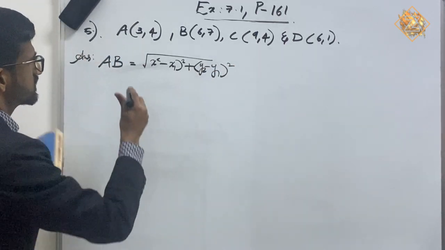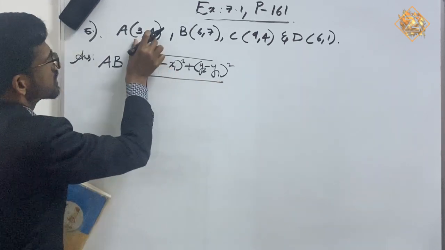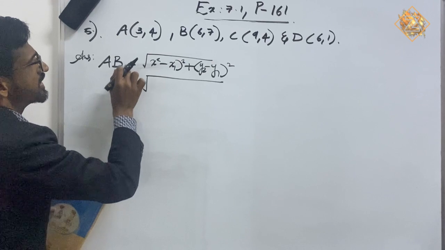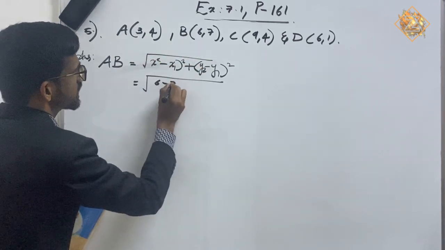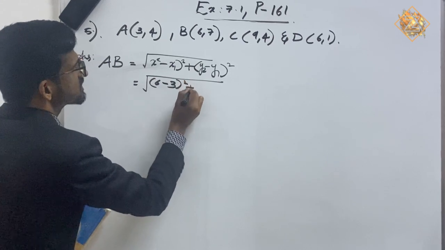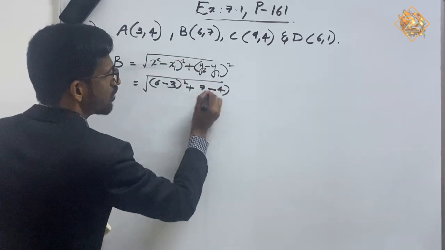So applying distance formula we will get, for AB, root of (x2 that is 6 minus x1 that is 3) whole square plus (y2 that is 7 minus y1 that is 4) whole square.